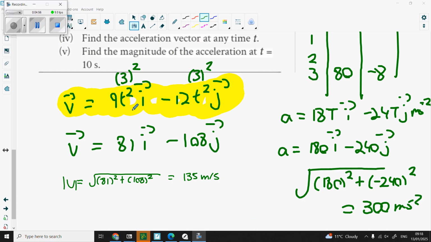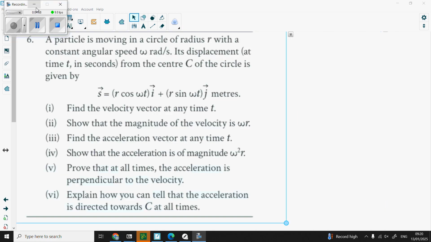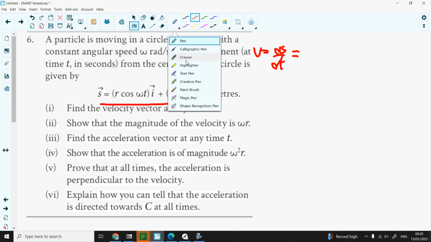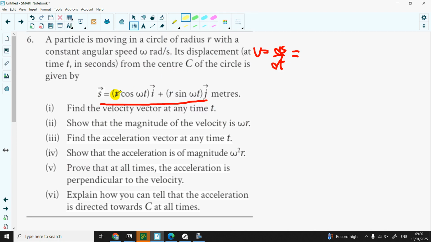Let's do it. Okay, guys. Your displacement vector is this one here. Velocity is the first derivative of displacement, so we're going to differentiate this whole thing. Velocity is ds/dt. The first thing we're going to do: r is a constant.